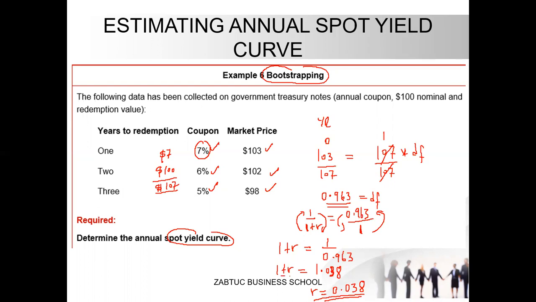So the discount rate that will give you this is 3.8%. So you'll find the first discount rate, 3.8%.